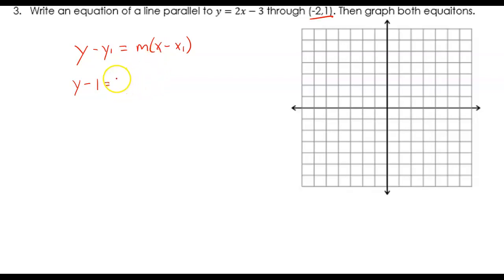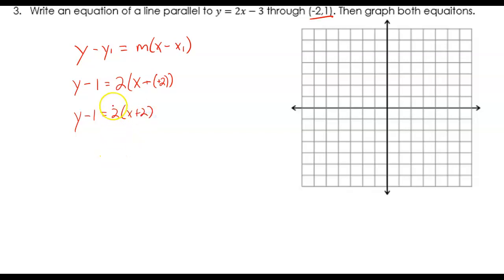My slope is 2, because my original line was 2, and I want a parallel line. And then x, I have to keep my minus, and then I continue with my negative 2. Minus minus 2 is going to be a plus. So y minus 1 equals 2 times x plus 2.